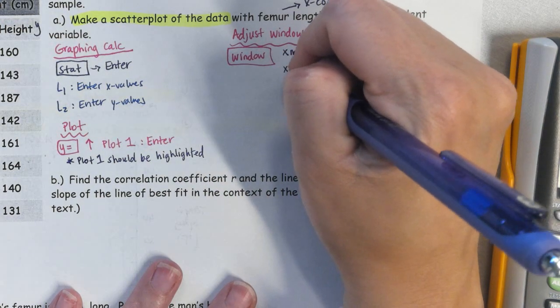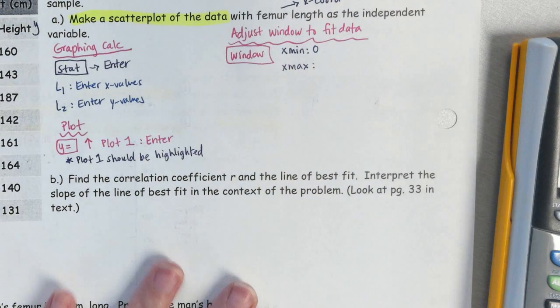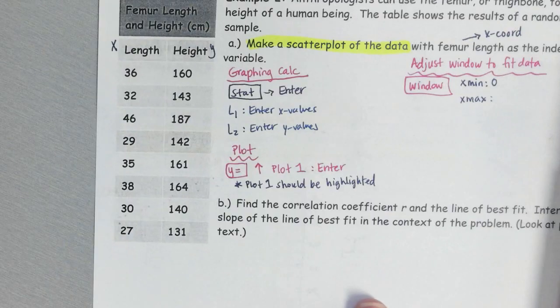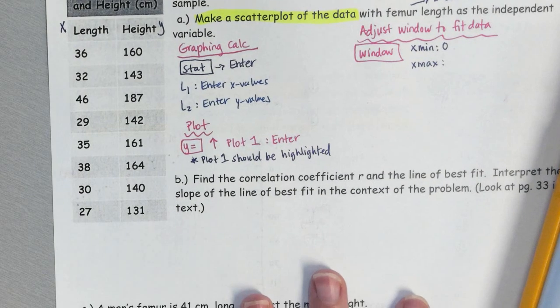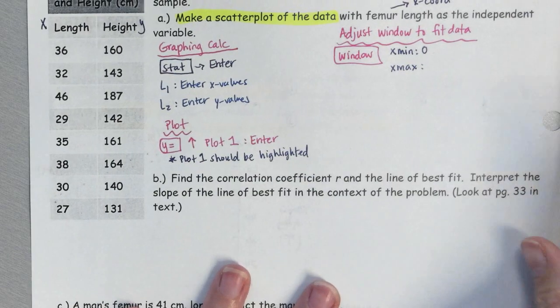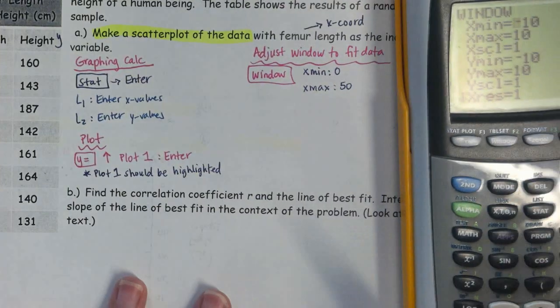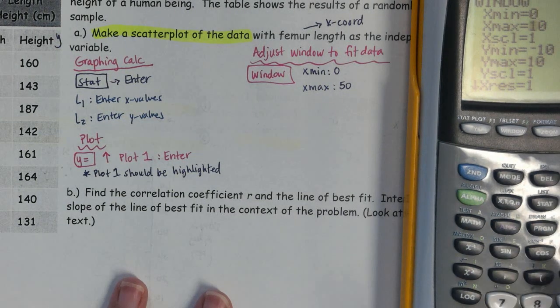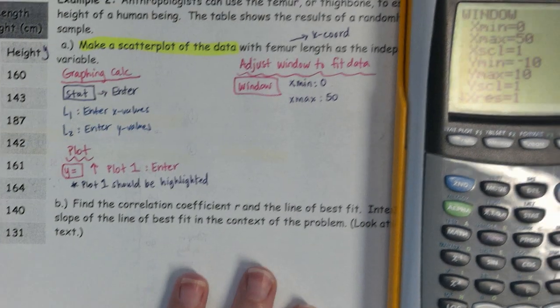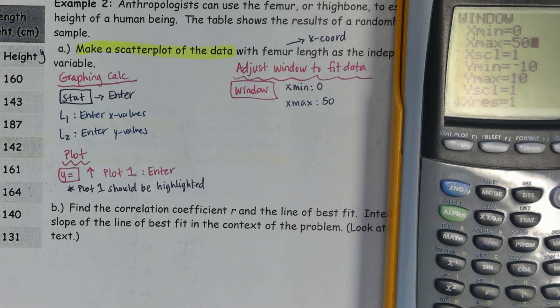What would be a good value for the x max, you think? Well, there's one that's above 40? Yep, there's one that's 46, so I would probably go up to 50. And then, so let's do that. So 0, 50.